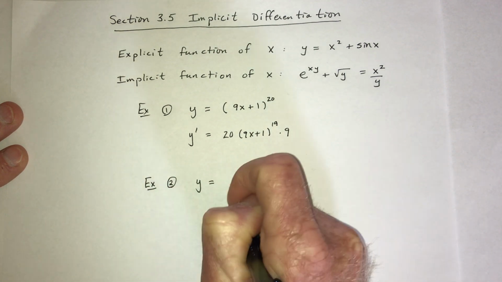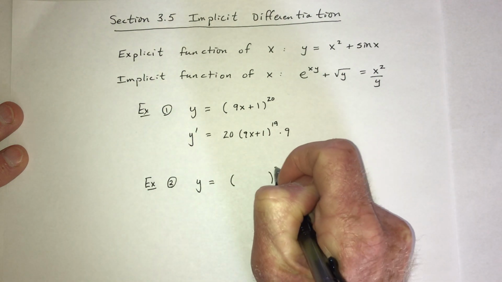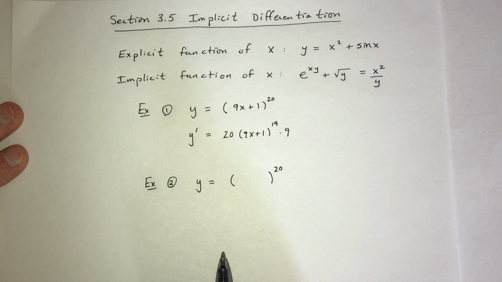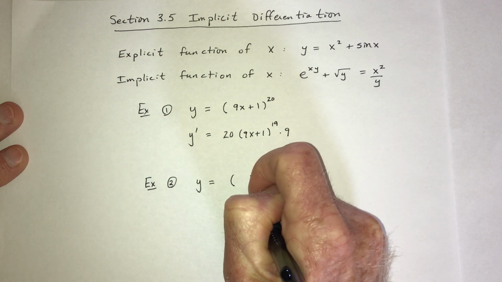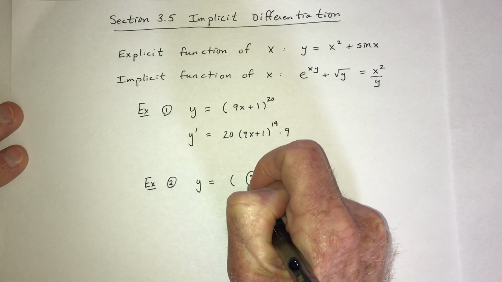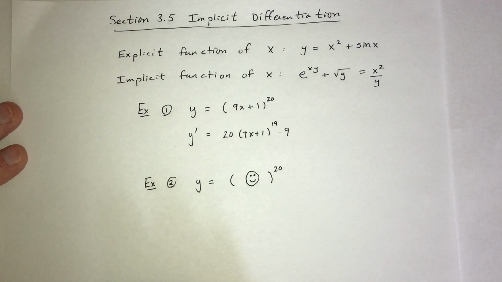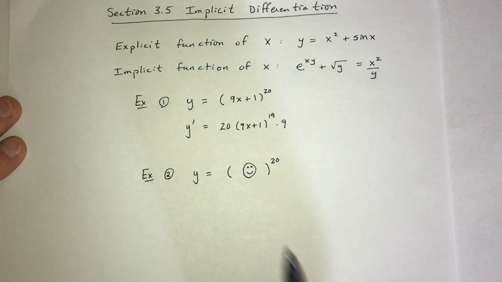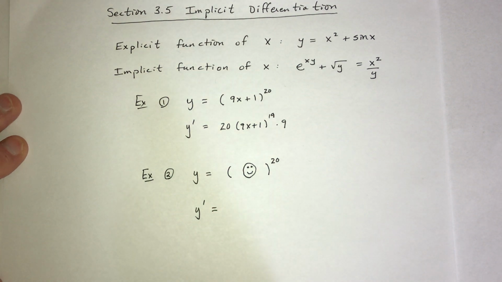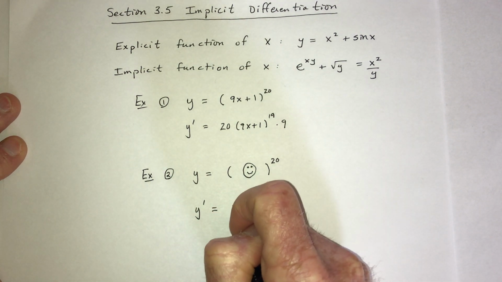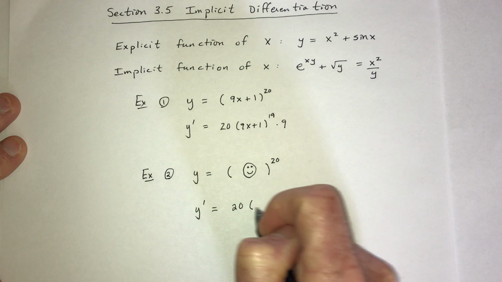Suppose that the function was raised to the 20th, and then inside the parentheses, there's a function known as happy face. So what's the derivative of that? On the left side, you'd say y prime equals. You'd go through the same procedure, bring the 20 down and multiply.